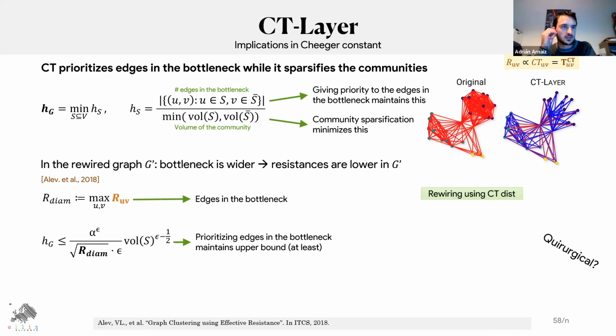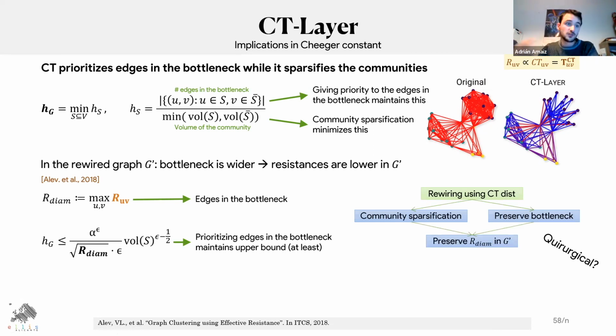So when you rewire using CT-Layer, you do commute time stratification, preserving the bottleneck, and you preserve the diameter resistance in the new graph. So at least there is no theoretical reduction of the upper bound of the Cheeger constant. This gives us an intuition that we can perform rewiring in a surgical way.